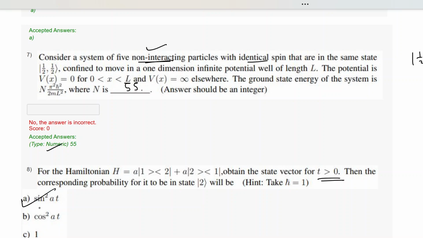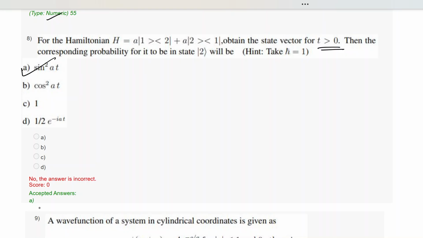Then you have question 9. The wave function of a system in cylindrical coordinates is given by this, and A is a real positive constant. What is the most probable value of rho? So you know for cylindrical coordinates the volume element is rho d rho d phi dz.